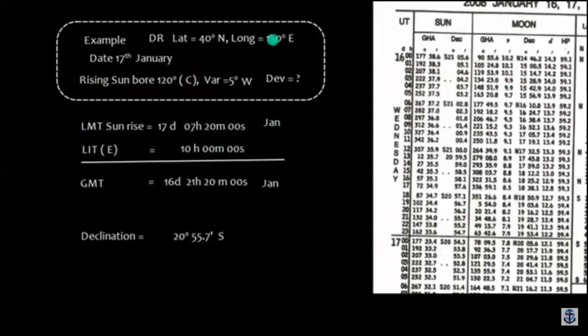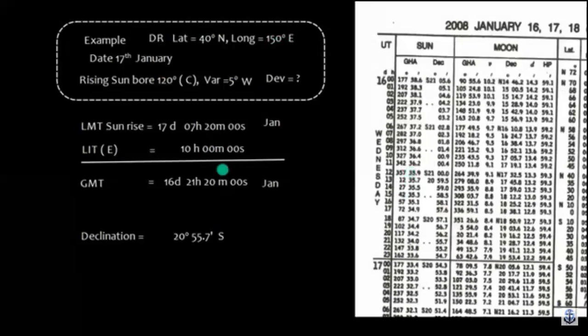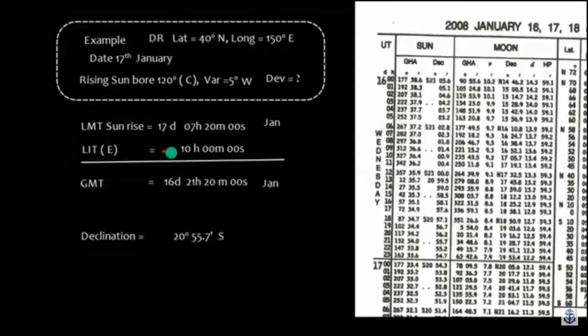To calculate GMT, longitude 150 degrees divided by 15 is 10 hours, and since longitude is east, we subtract 10 hours. So we get 16th January, 2120 GMT.